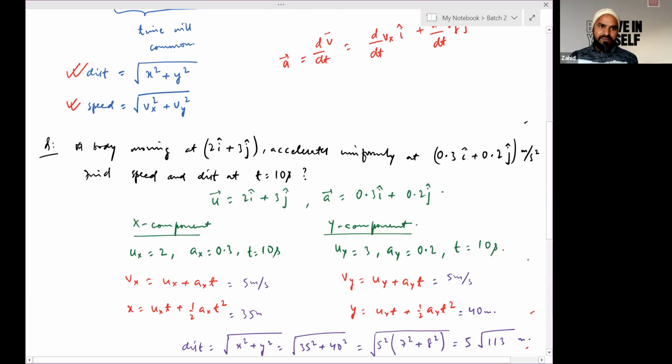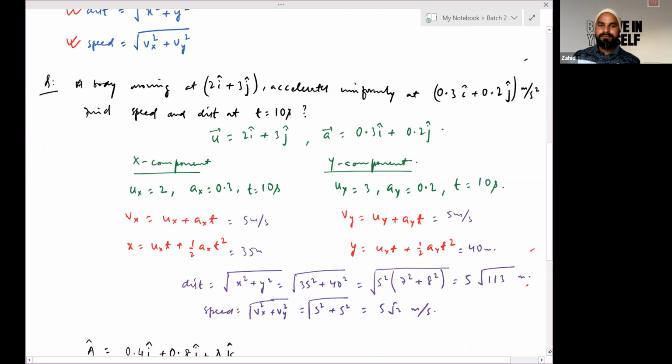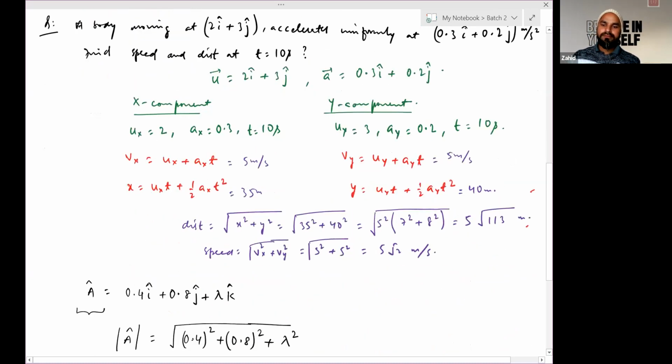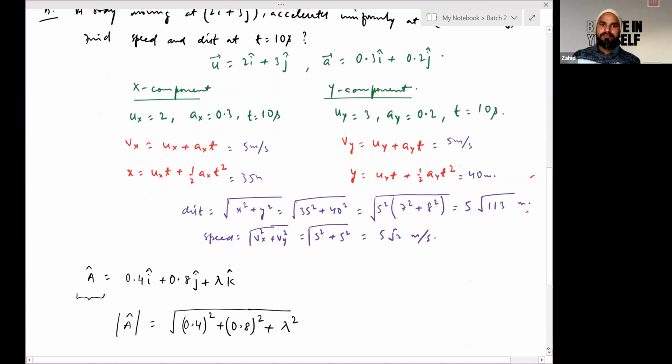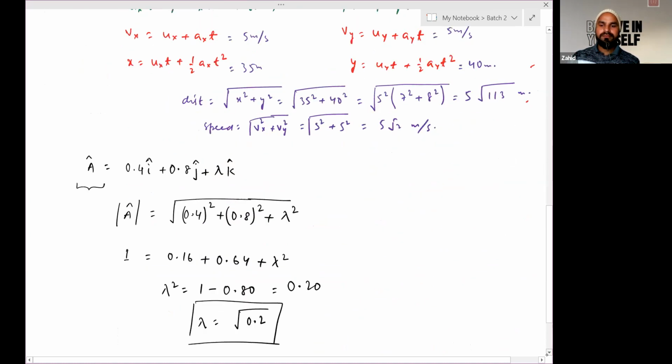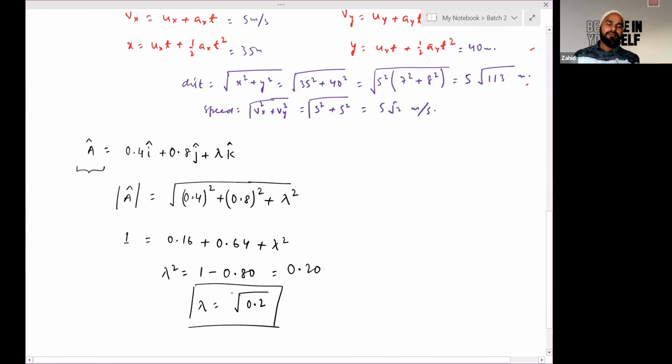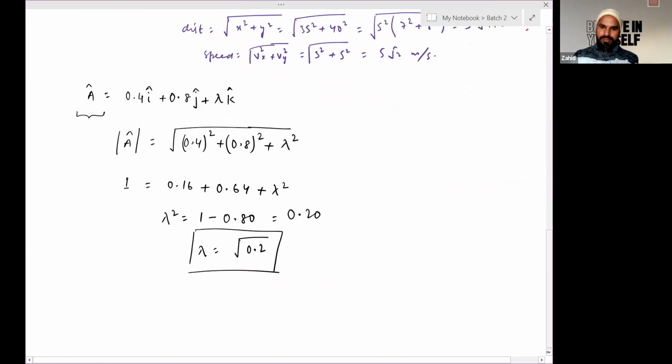So in the last class, we started motion in a plane and I defined it for you till this part. Now there will be a question.